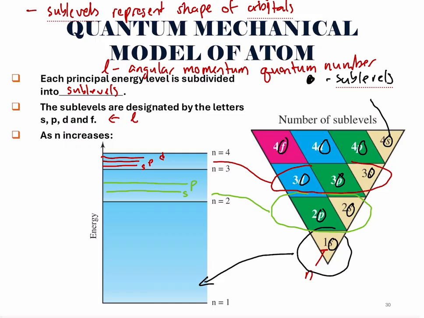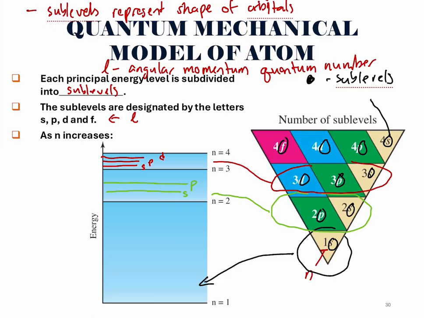We see that there's also an S level within principal energy level 2. So that one looks like a sphere. It's just extended out a little farther from the nucleus. And then you also have the P level. You go up to principal energy level 3, there's still another S level there because these sublevels exist within each one of these principal levels.